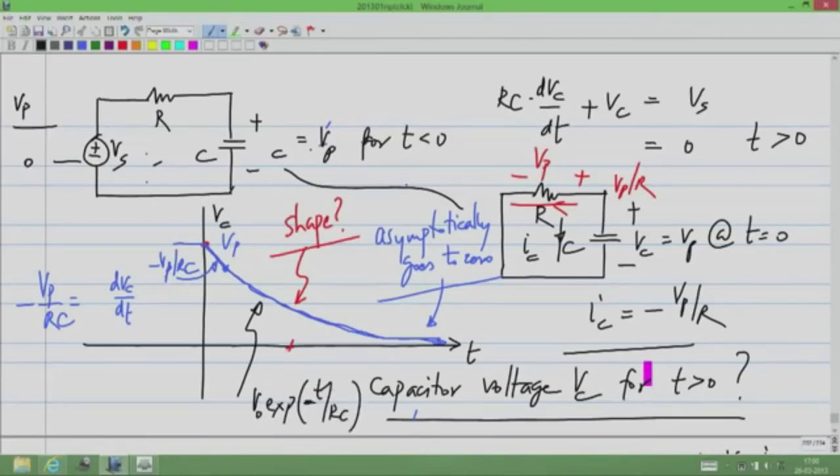So this exponential describes the response of these types of circuits. Okay, and also we know that at t equal to 0, it starts from Vp. What is the value of this function at t equal to 0?